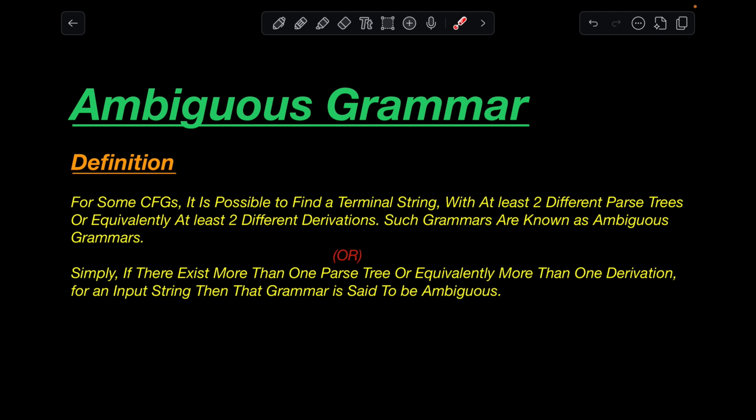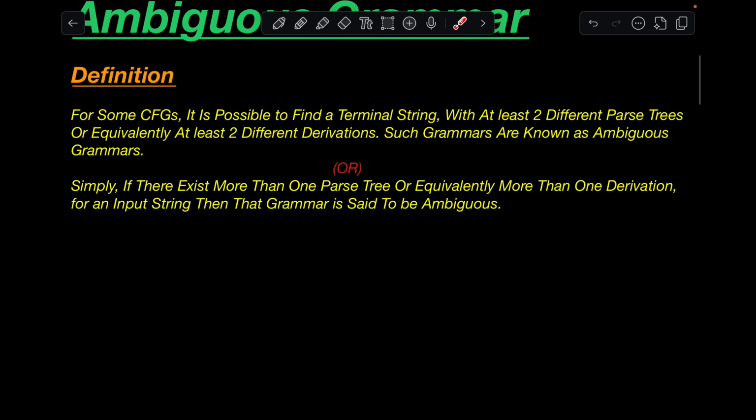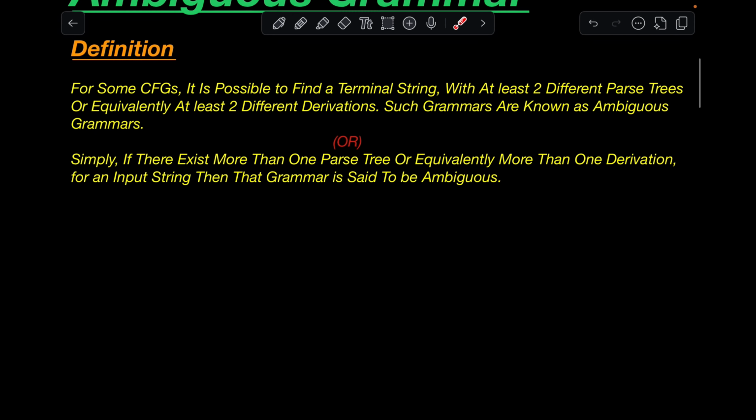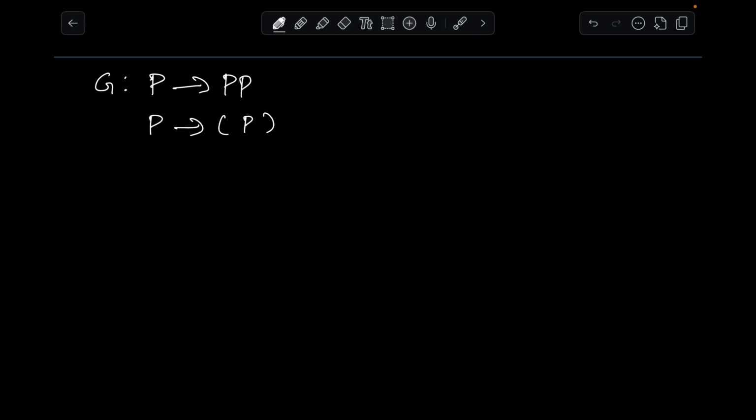So now let's take an example. This example is already there in our class notes. I'll try to explain that. So the example is: there's a grammar G where P gives two P's, P gives bracketed P, and P gives epsilon.